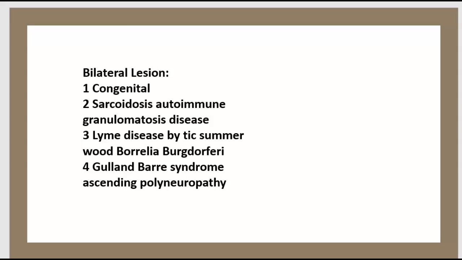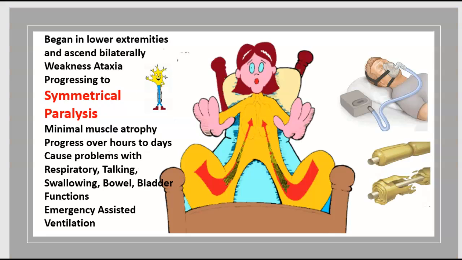Bilateral lesion could be congenital, could be sarcoidosis, could be Lyme disease or Guillain-Barré syndrome. Guillain-Barré syndrome begins in lower extremities and ascends bilaterally. Weakness with ataxia progressing with symmetrical paralysis.